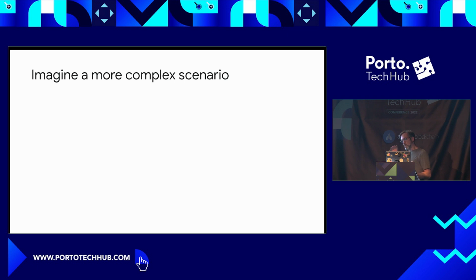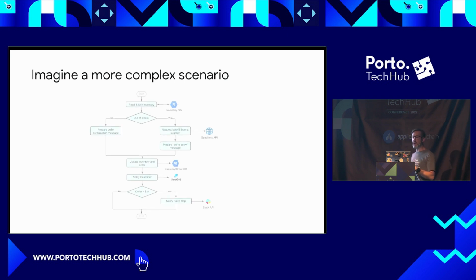So we had a fairly simple, linear, sequential example, but what happens when you've got something more complicated? There you have a real flow chart with branching, with conditionals, potentially with loops and that kind of stuff, and also interacting with third-party APIs, not just your own deployed microservices. For example, here, you may have to check an inventory database to check the level of the stock. Depending on whether you're out of stock or not, you may go into one branch or another.